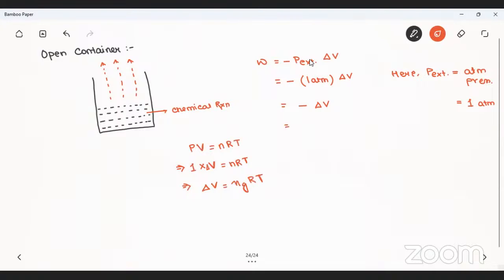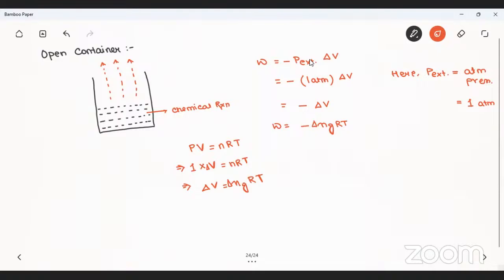So what is minus of n_g RT? n remains moles only, but for this case, we write it as n_g. So delta n_g RT. Tomorrow we will be doing the sums and accordingly we will solve. So work done is minus delta n_g RT.